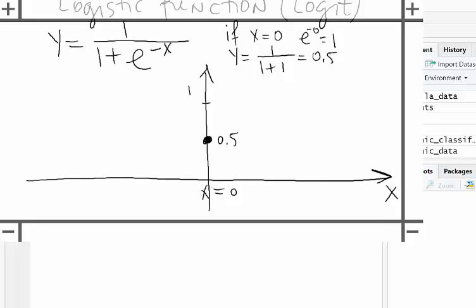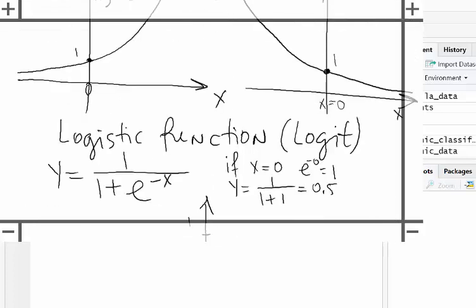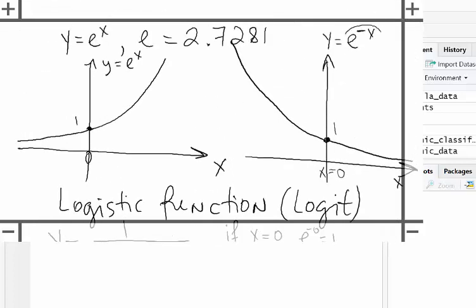Okay, so let's see if we can make more sense out of it. What happens if my x goes to plus infinity? In other words, I'm moving in the positive direction of the horizontal axis. Let me go back to the function e to the power minus x.